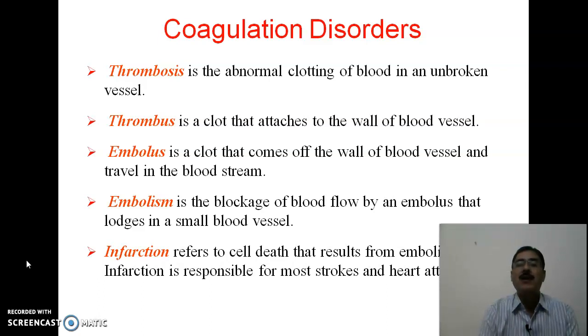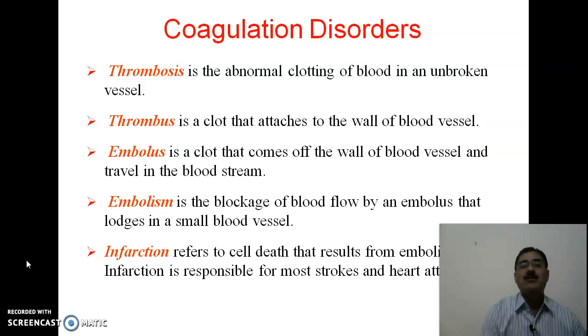the small blood vessels. It means first there is formation of a thrombus which is initially attached to the blood vessel wall, and if it detaches from the blood vessel wall, it is known as an embolus, and when this embolus circulates in the blood circulatory system, it can block the flow of blood if it enters blood vessels with smaller diameter like capillaries.